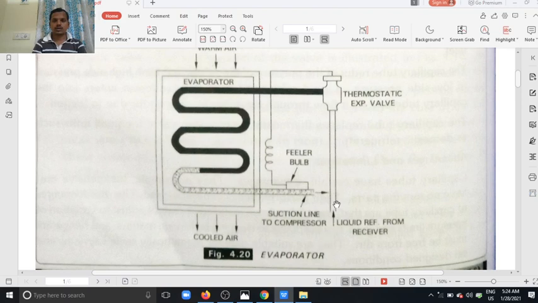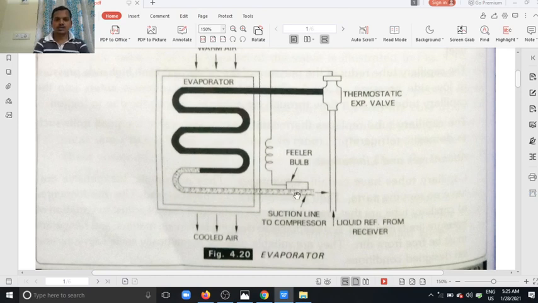So this is the entry of the refrigerant. Here this is the thermostatic expansion valve. So the refrigerant enters here, absorbs the heat from the area and changes its phase. So this is the exit of the evaporator. The suction line is the inlet of the compressor.